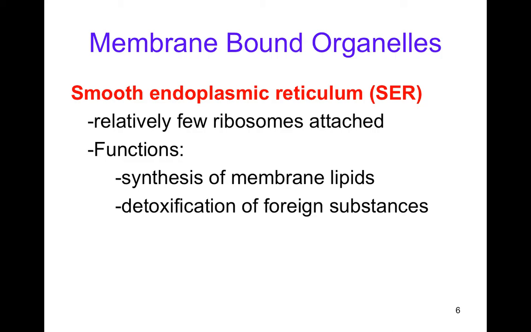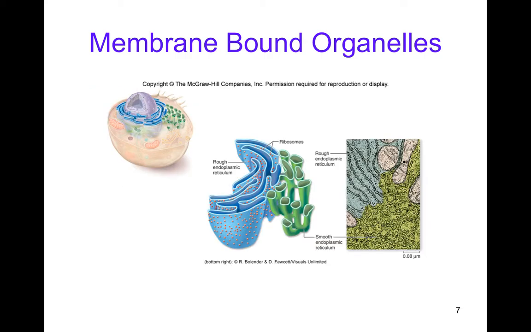So if an adult drinks an alcoholic beverage that contains ethanol, the smooth endoplasmic reticulum of your cells will take that ethanol and break it down so it's not poisonous, because normally ethanol is somewhat poisonous, which is why it causes the effects that it does.